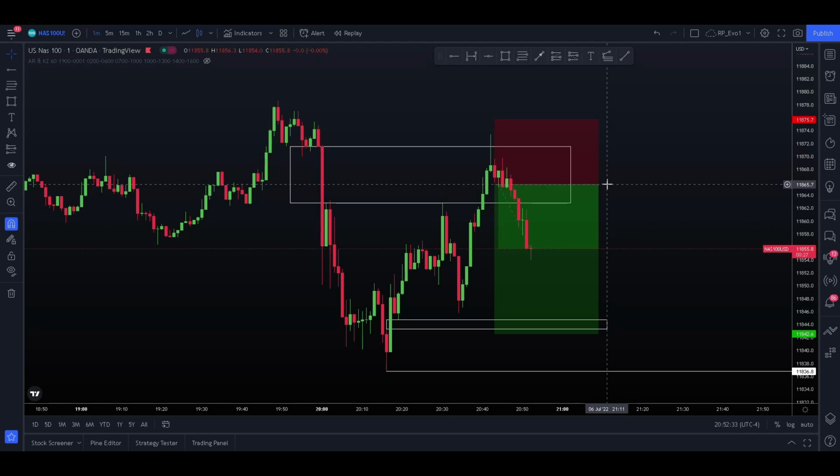So at this point we are 65, about 1 R in profit. I don't want to move my stop just yet. I'll move it when we get close to 1.5. And obviously I'm not taking any partials either.